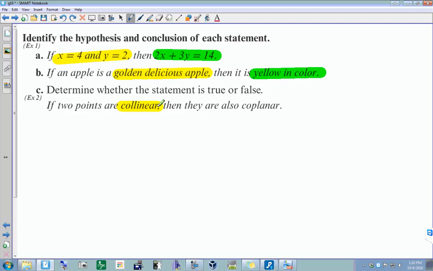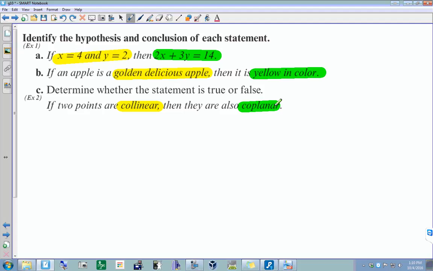You know, this goes back to like if an insect, if an animal, okay? 2 points. If we're talking about 2 points, there are a lot of things that can be with 2 points. So they're qualifying what is collinear. If 2 points are collinear, so we'll just be leaving it at collinear. So then the conclusion would be what? Coplanar.